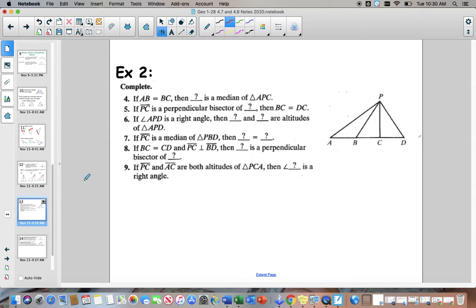So if AB is congruent to BC, the measurement of AB is equal to the measurement of BC, then you know that the segment is the median.